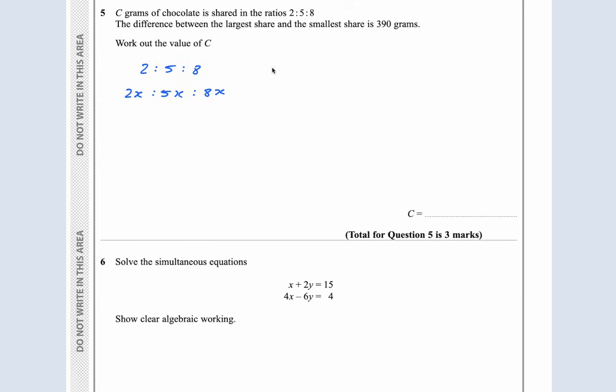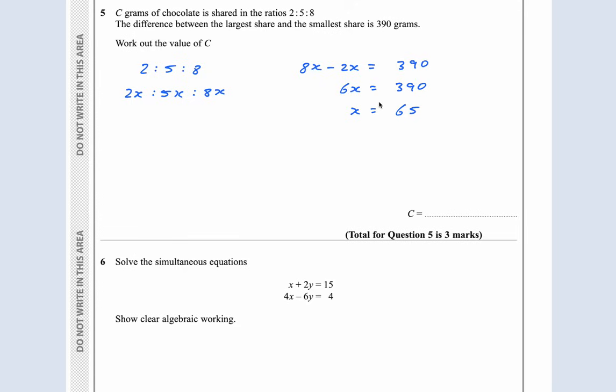But I do know that the biggest, which is 8x, minus the smallest, which is 2x, the largest minus the smallest, that's the difference, is 390 grams. So that means 6x is equal to 390, and that means x is equal to 6 into this goes 6 remainder 3, and 6 into that goes 5, so that is 65, guys. Again, feel free to use your calculator. So x is 65.